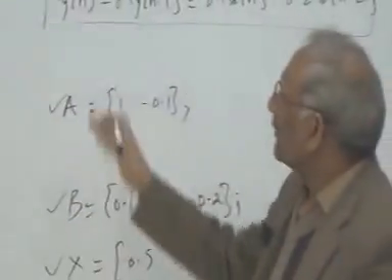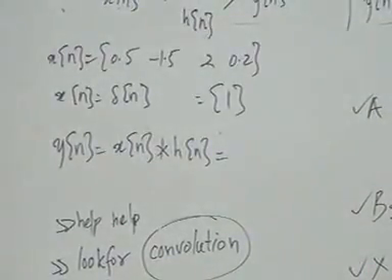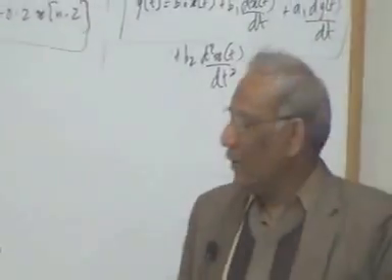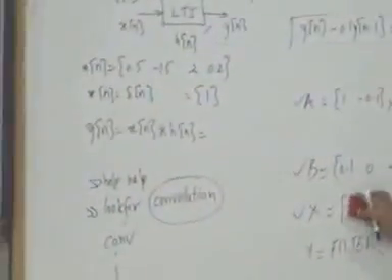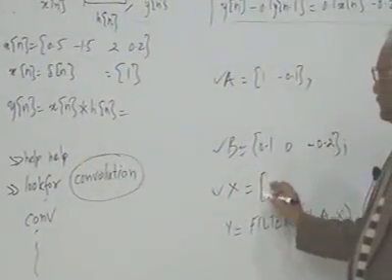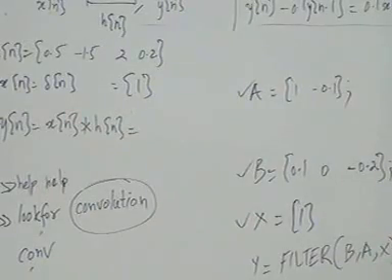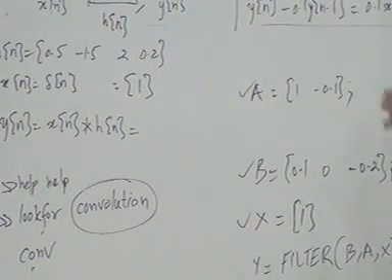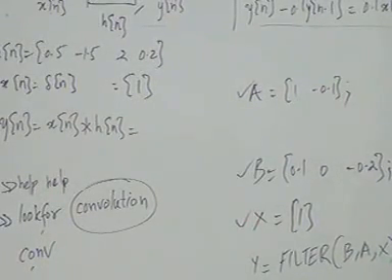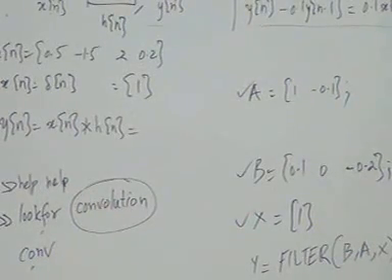And if you have an FIR system, then you will see that this filter command will comfortably give you your output, which will be your h. But if it is an IIR, don't use that, it will make your computer hang.